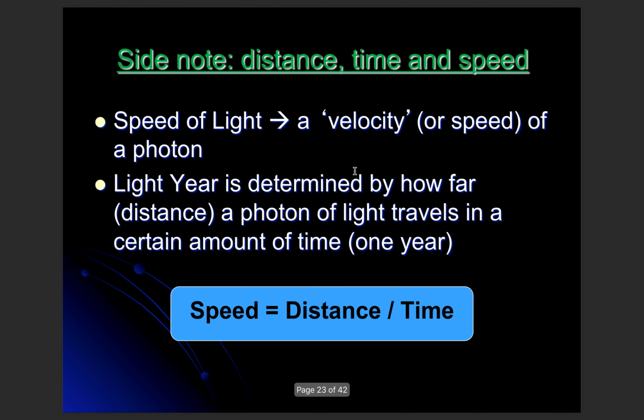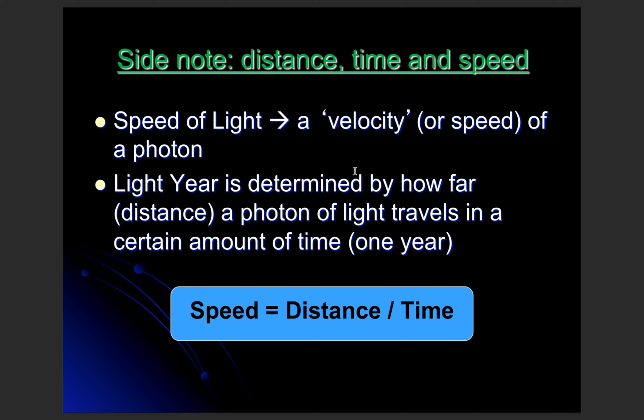So a little side note about this: the speed of light is the speed of a photon, how fast a photon is moving. So a light year is determined by how far, meaning in distance, a photon of light travels in a certain amount of time, in this case 1 year.